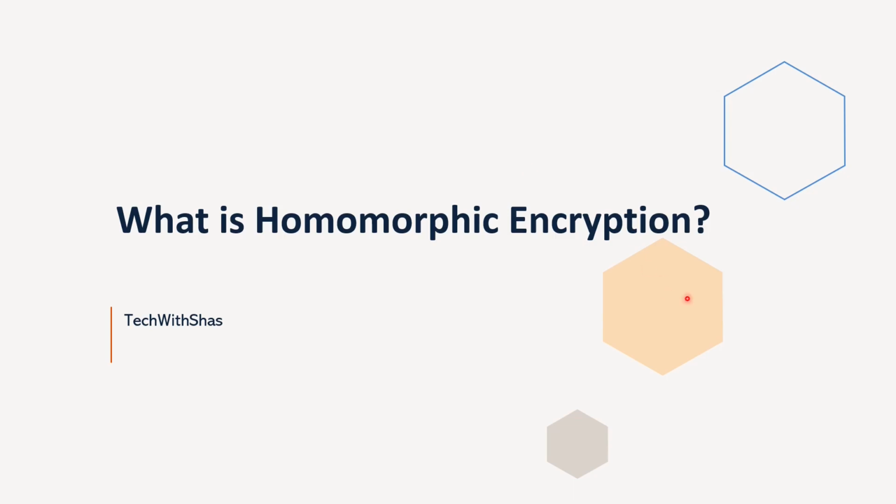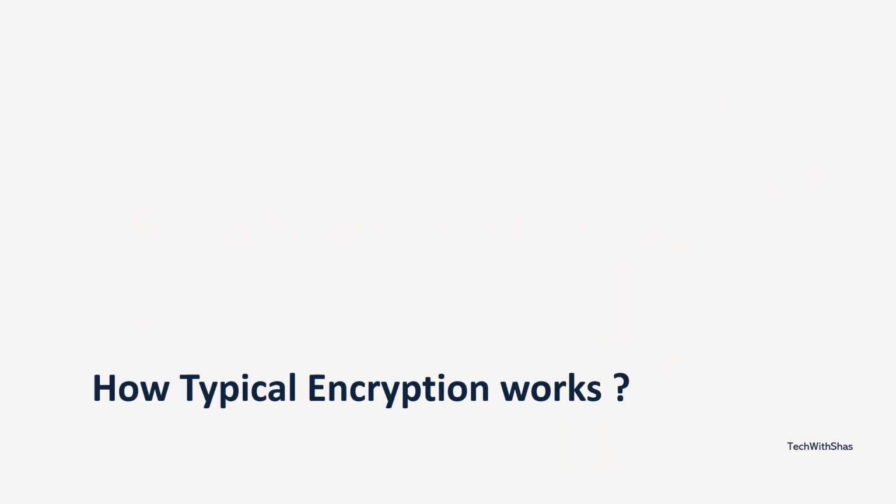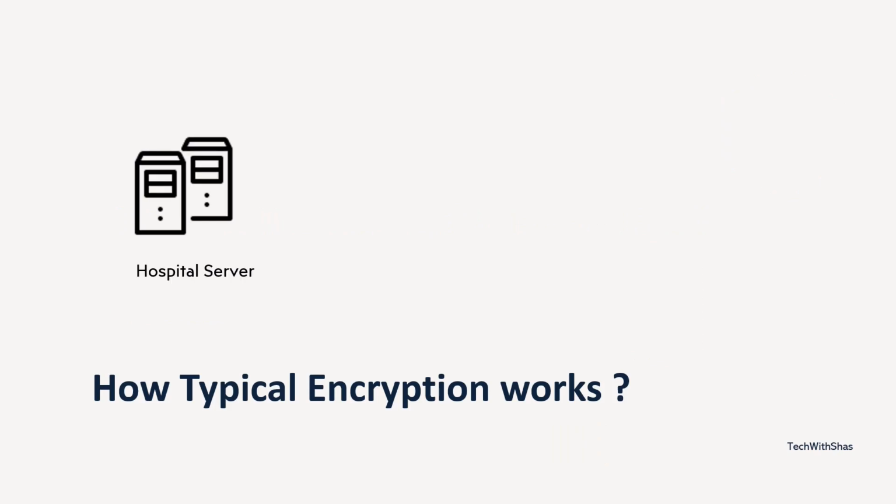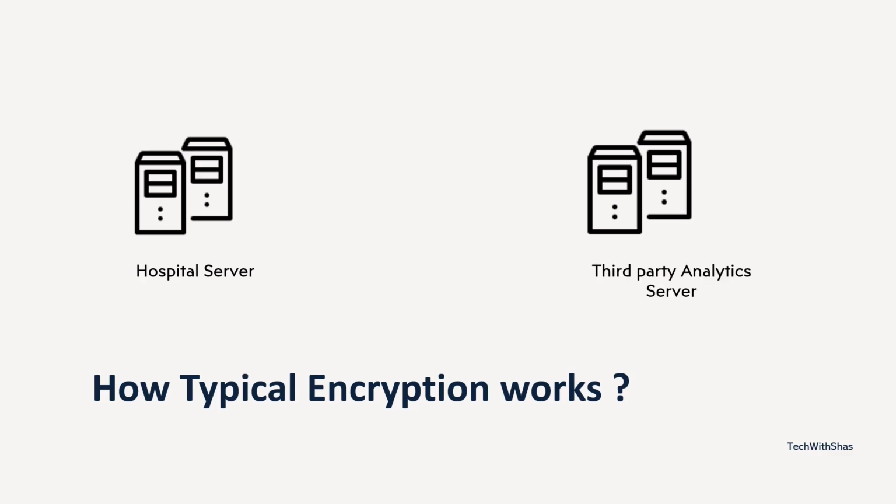So the first example is a hospital, which normally has the information of patients and their diagnosis reports, which is quite sensitive data, right? When they send this information to any third-party analytics server, for some analysis or diagnosis reporting, how can they secure it?